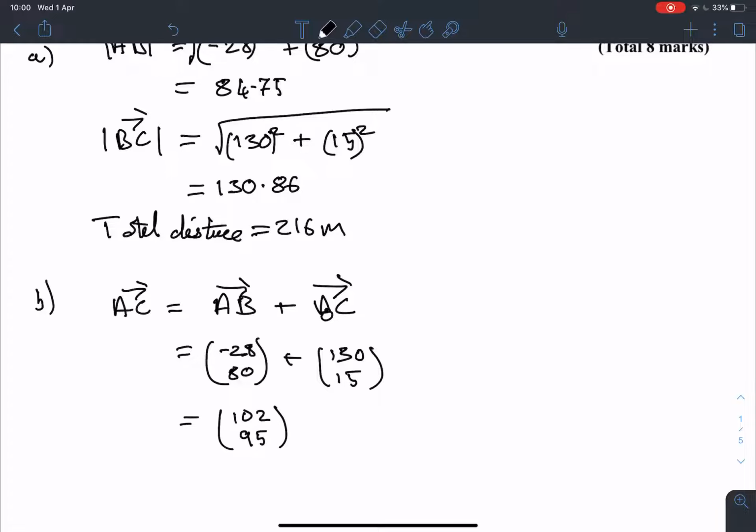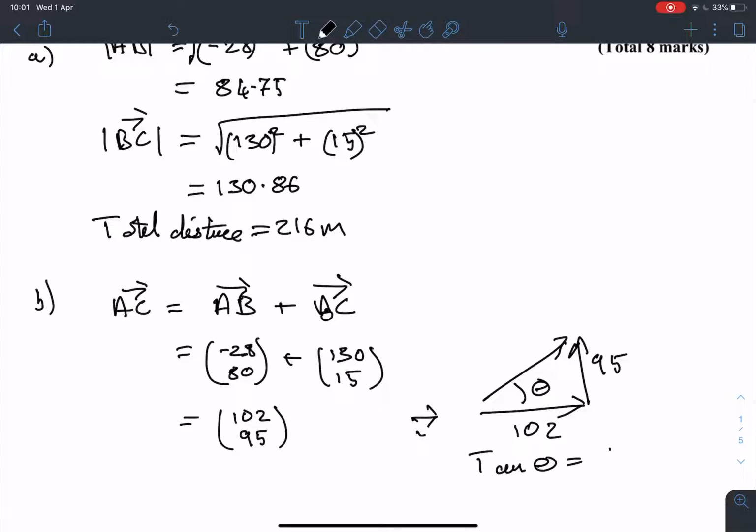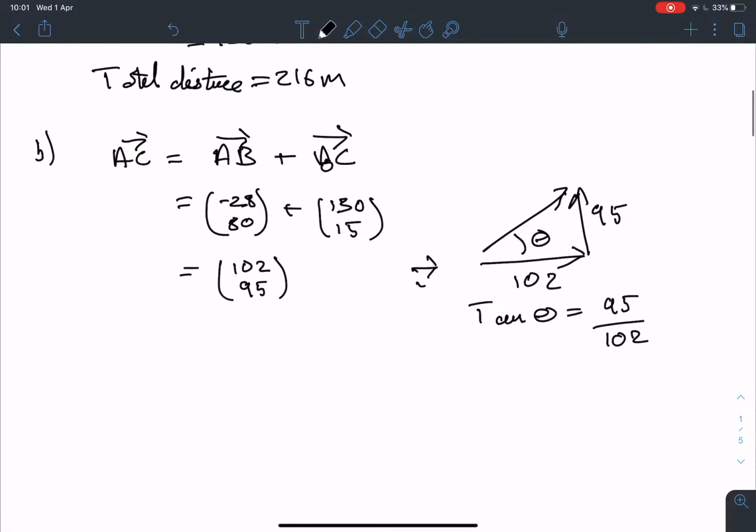So we can now sketch that. That's the i direction. So we've got 102 and 95. The angle we want with the positive i, theta: tan theta equals the opposite over the adjacent, 95 over 102.